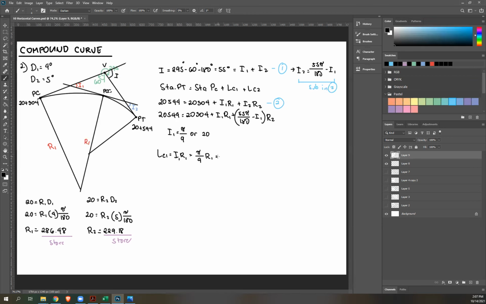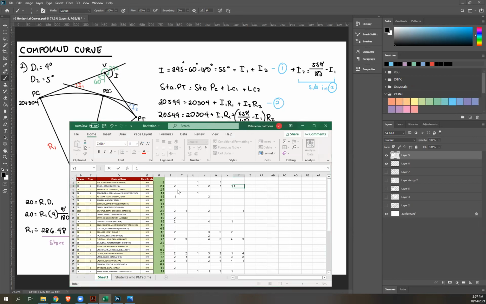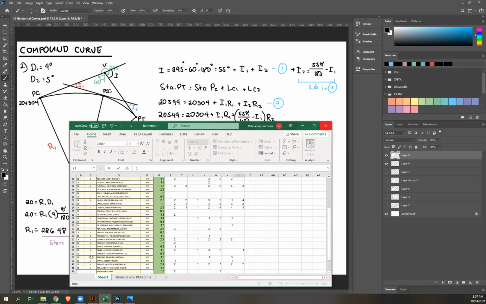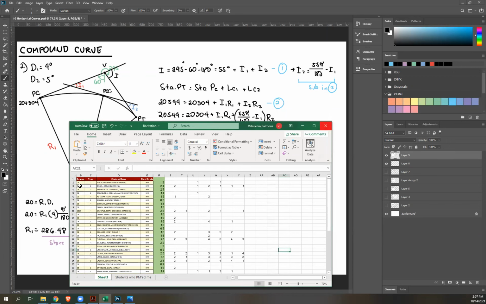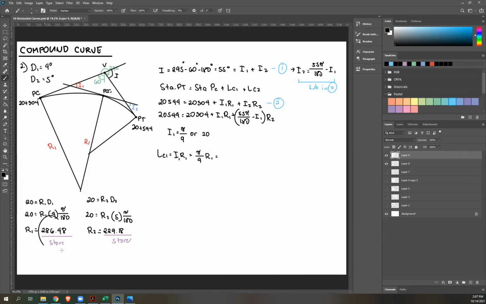What's the answer? Correct. Pauline. And Salika. Correct. It's 100. If you use stored value of this, you'll get 100.